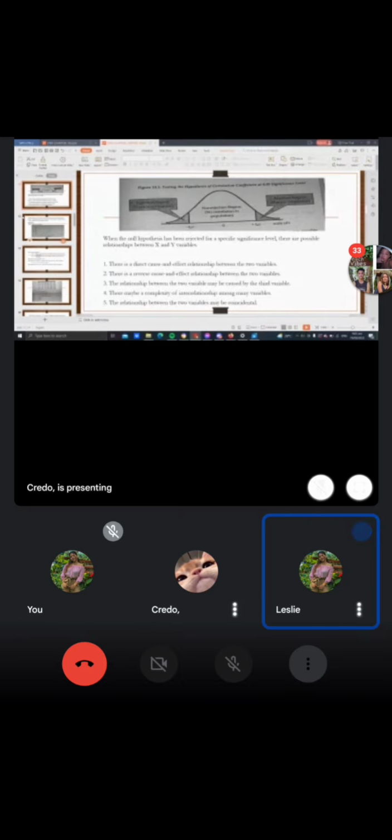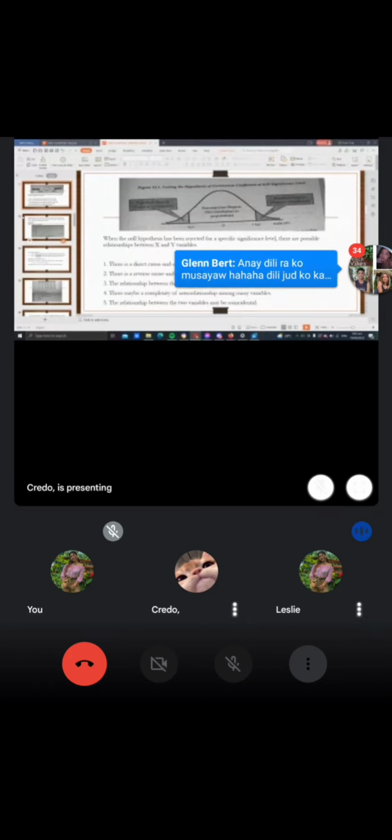This is figure 10.1, testing the hypothesis of the correlation coefficient at the 0.05 significance level. When the null hypothesis has been rejected at a specific significance level, there are possible relationships between the x and y variables. Number 1, a direct cause and effect relationship between the two variables.